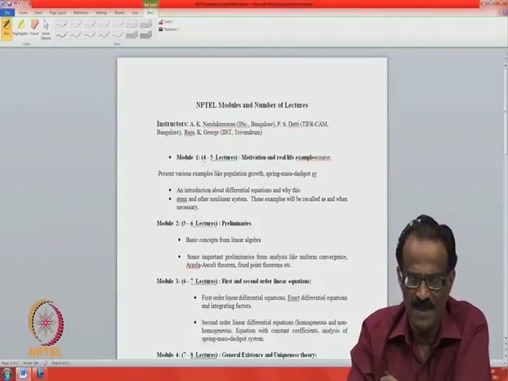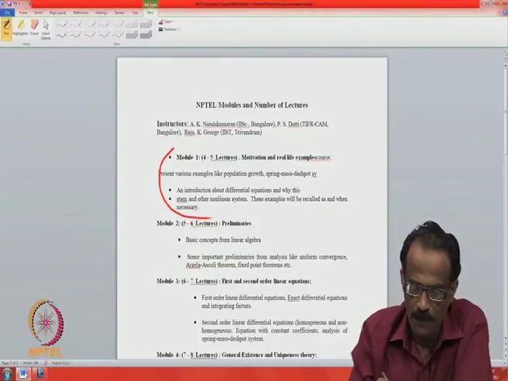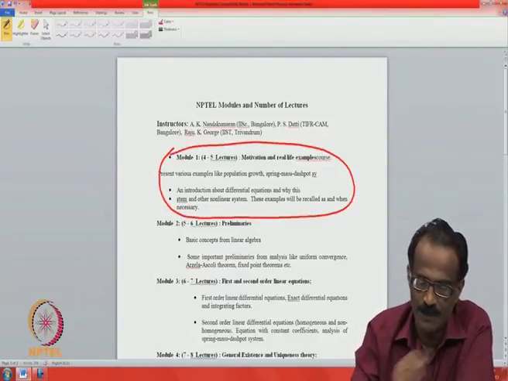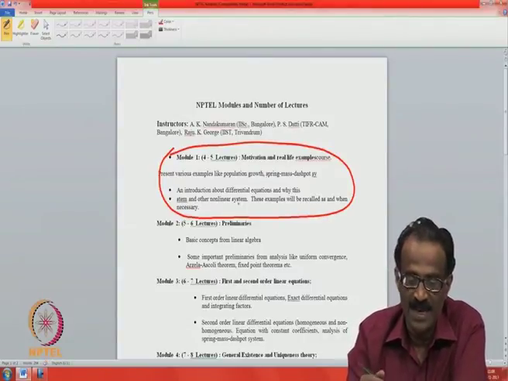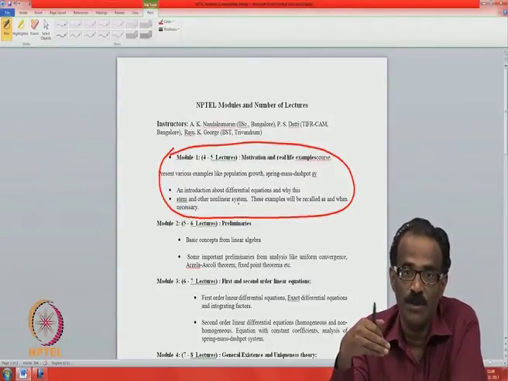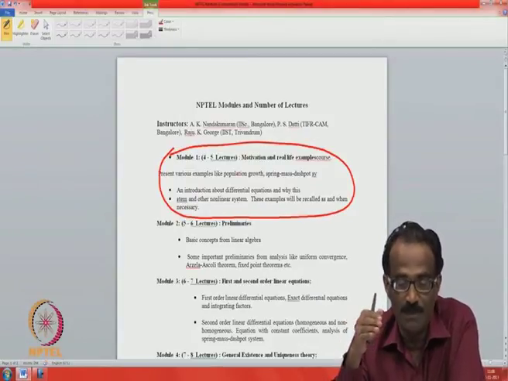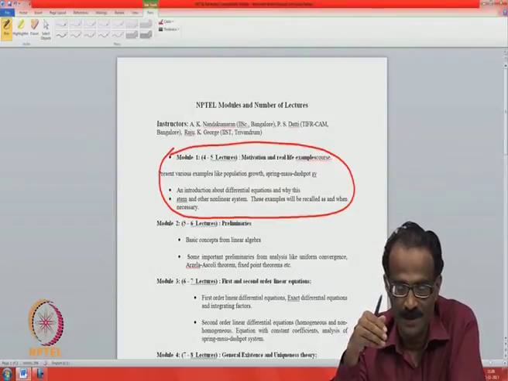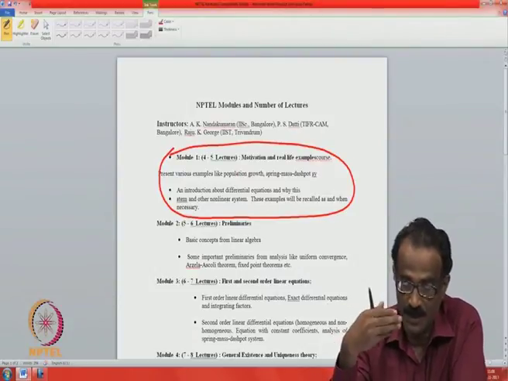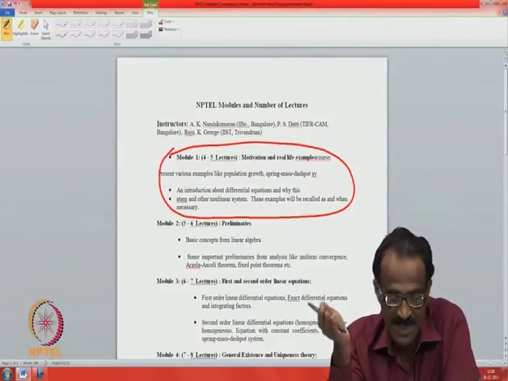So we may spend probably 4 lectures in module 1, where after this lecture I may spend around 3 lectures, I am not sure. We will go along. We will give you some real life examples, like population growth and some non-linear systems, maybe a satellite example.